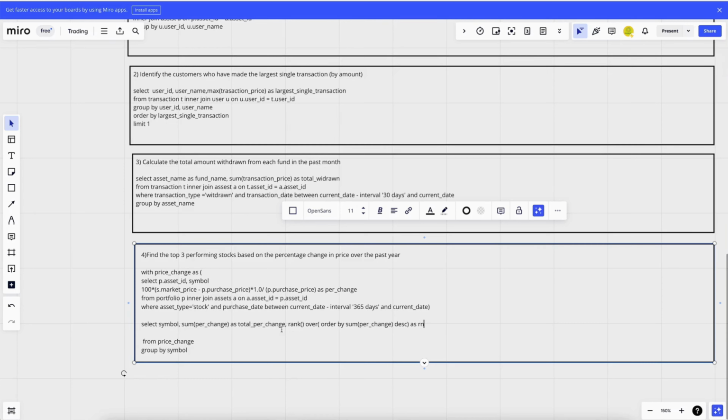I'm just calculating the rank on the sum, and the order by sum should be in descending order, and I'll just call that a rank here.